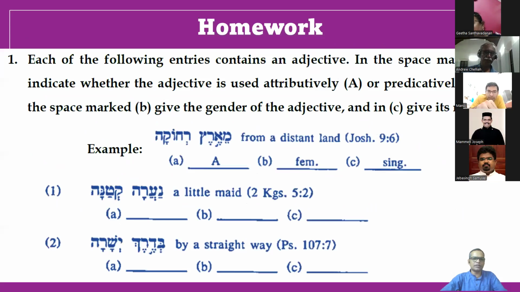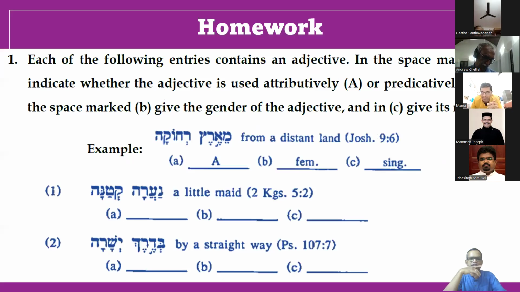Let us look at some of the exercises, at least one or two. Jabbar Singh, the homework that was given: the first one is to identify whether the adjective is having attributive or predicate usage.